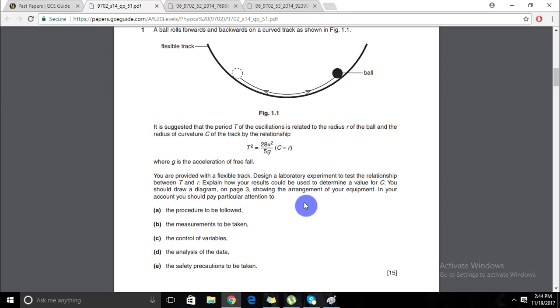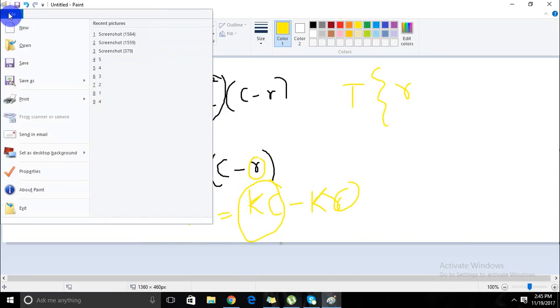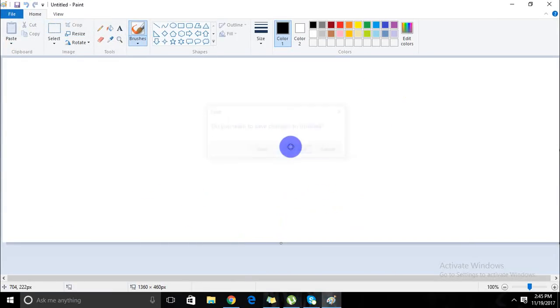So now you have values for the radius, which you got from the micrometer screw gauge, and you similarly have values for the time period. And as for C, you can also figure that out, because you want a value for C as well, don't you? Because this is part of the experiment. How do you do that? You could do this.